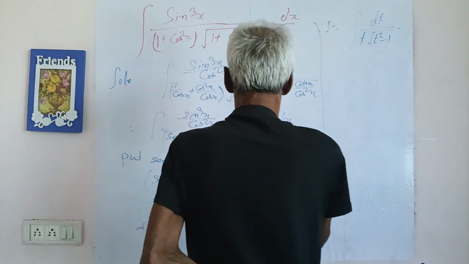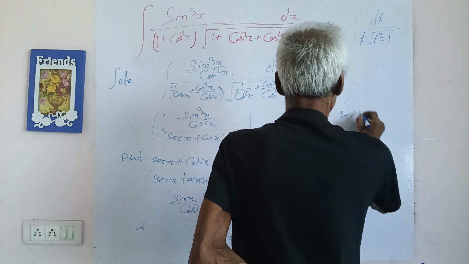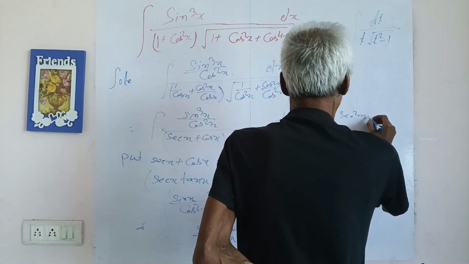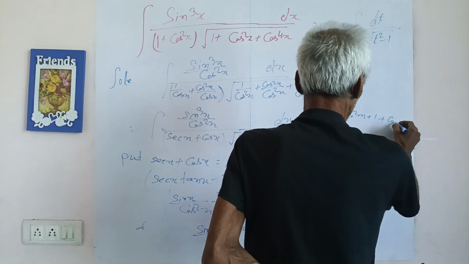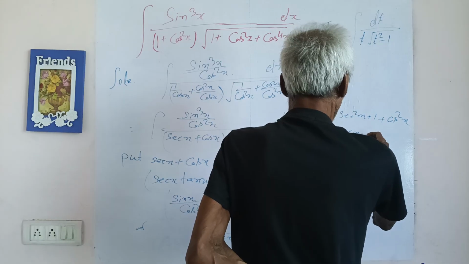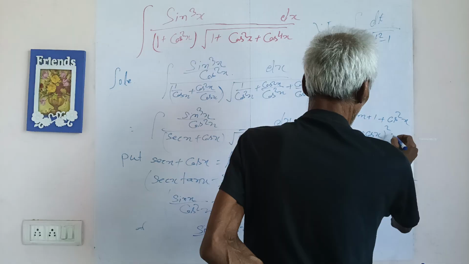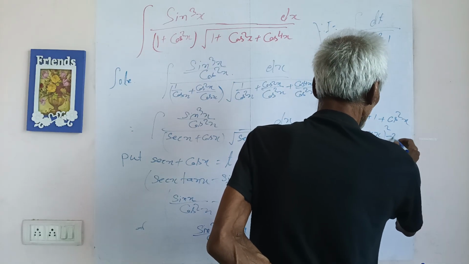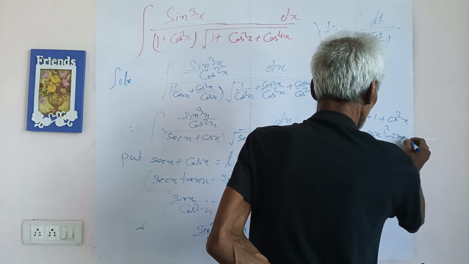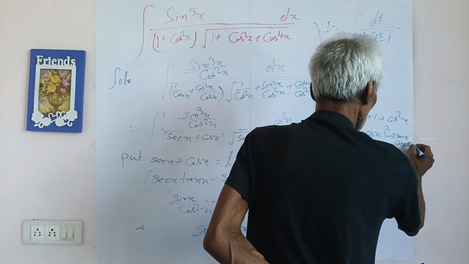Look at here, for this part, sec square x plus 1 plus cos square x is equal to sec x plus cos x whole square minus 2 sec x into cos x plus 1.